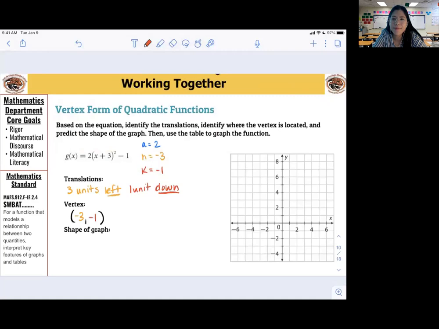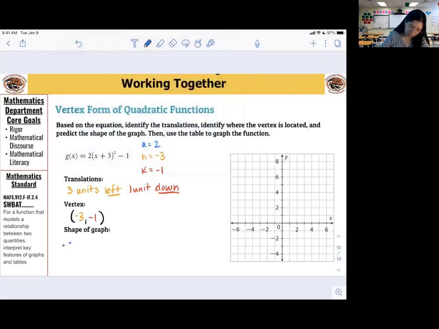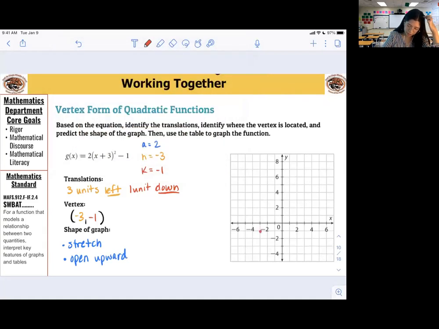Stretch upward. Good, you got it. It's a stretch and it's opening upward. So we're going to have a skinny graph facing upward at -3, comma, -1.